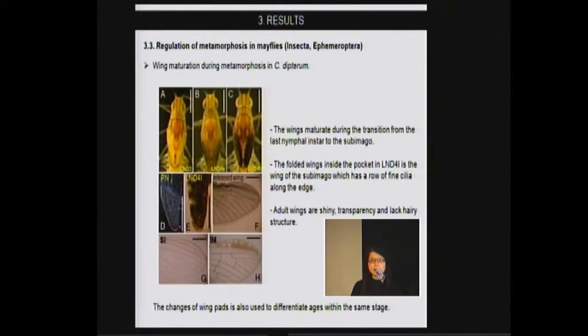So here in figure C, you can see the folded wing, the black one, in the pocket of the late day 4. So this is the wing, and if you remove the pocket, you will find the wings of the subimago inside.